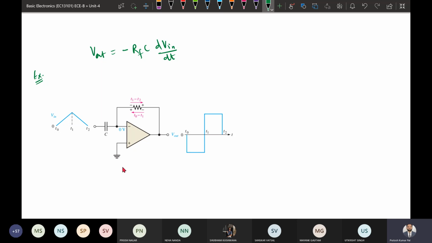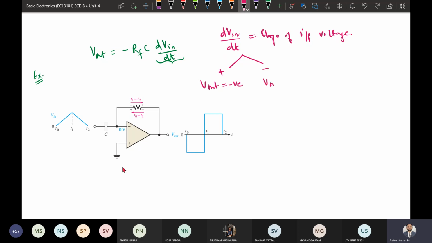Whatever the input slope is, it is positive here. If the slope is positive, this term will be positive. So differentiation of the input is again the slope of the input voltage. If the slope is positive, the V output will be negative. Similarly, if the slope is negative, the V output is positive.